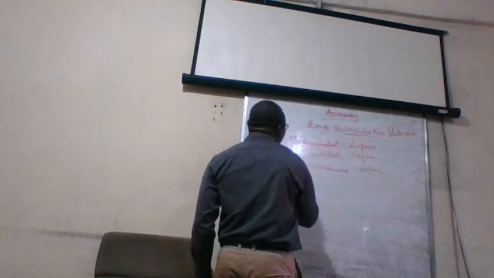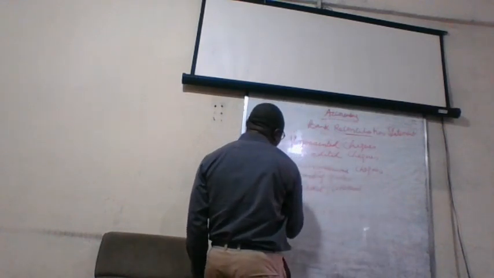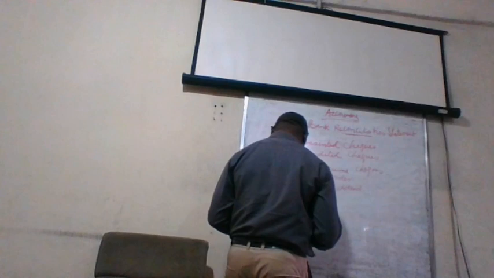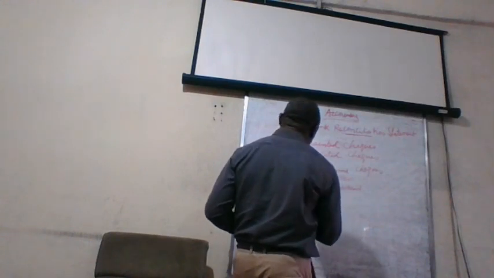Number four, standing order. Number five, interest or dividend. Number six, bank charges.